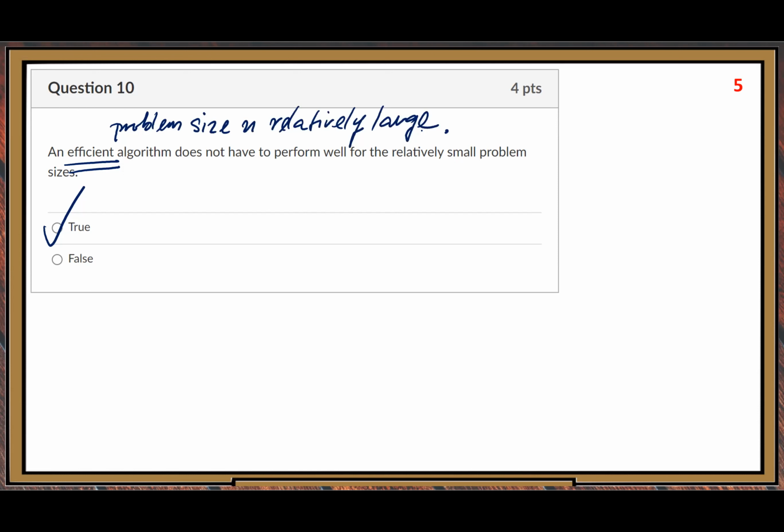When n is relatively small, whether the given algorithm does well or not is not that important. Why is it not important? In class I did not have a chance to talk about this special property.